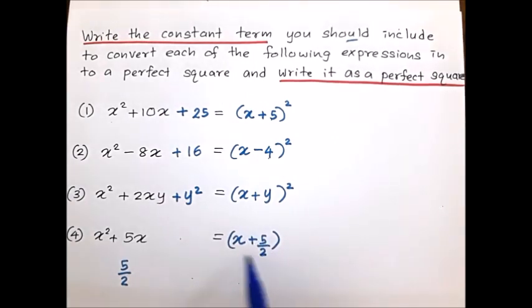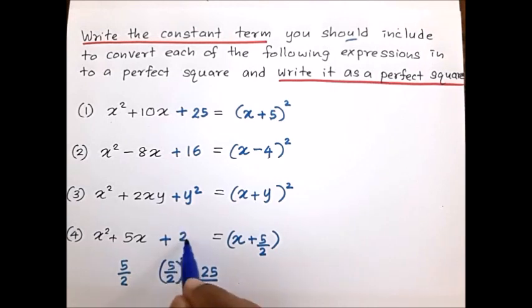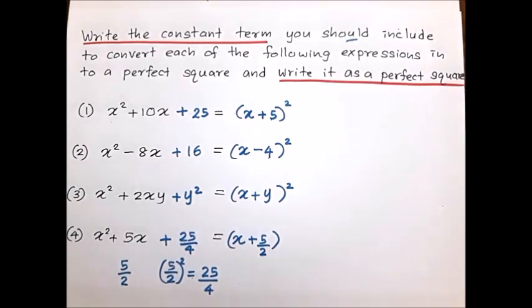Then you have to square this one to obtain this one. 5 divided by 2, square it. 5 to the power 2, 25. 2 to the power 2, 4. So you have to add 25 over 4 here. And this is the perfect square, x plus 5 over 2 squared.